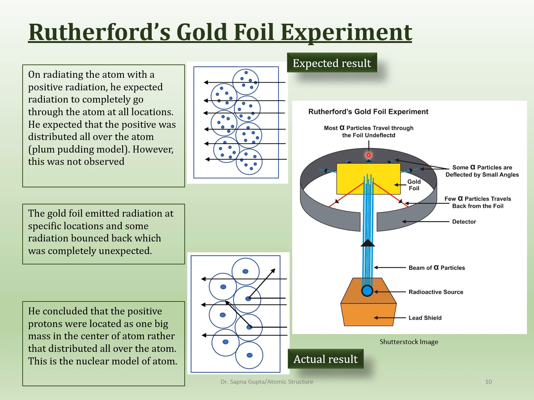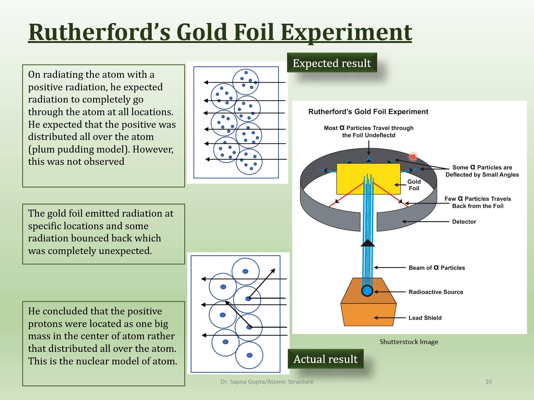Now remember, he's trying to figure out the location of the positive particles. Here it gives you an idea of what he was expecting: if things are distributed all around, then the positive rays he's shining on the atoms will go straight through. That's what he was expecting. And if they go straight through, then he should see some detection right here in the film.